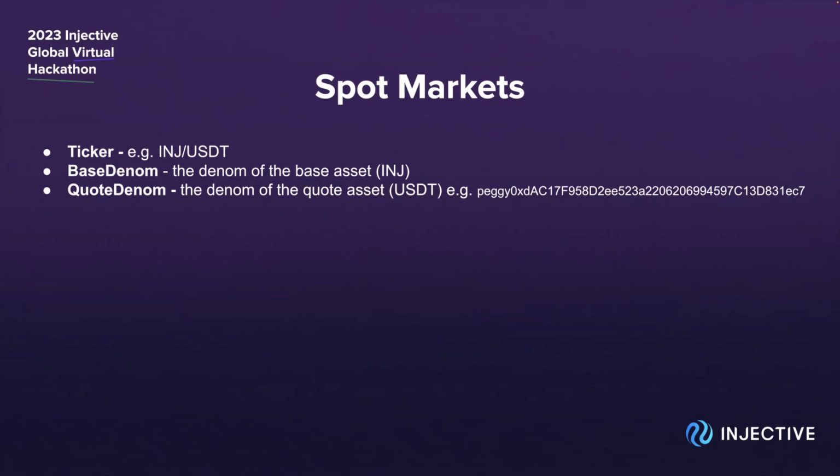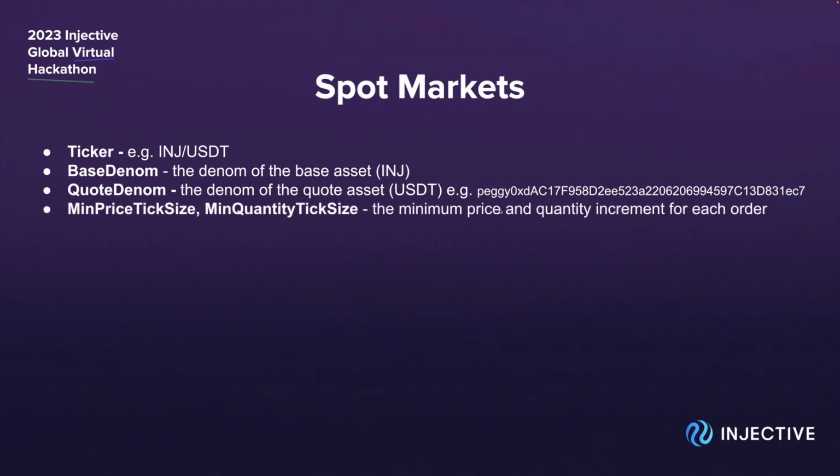One caveat is that you need to specify the actual denom name on Injective. The 0xDAC part here is the address of USDT on Ethereum. On Injective, it's represented as peggy plus the 0xDAC.